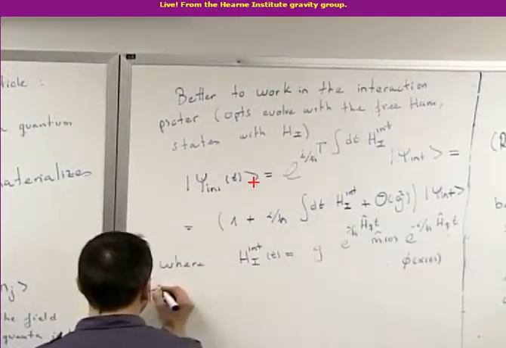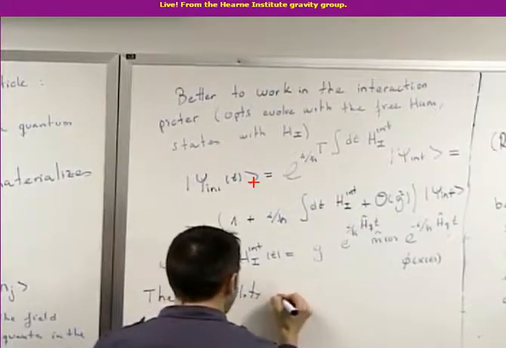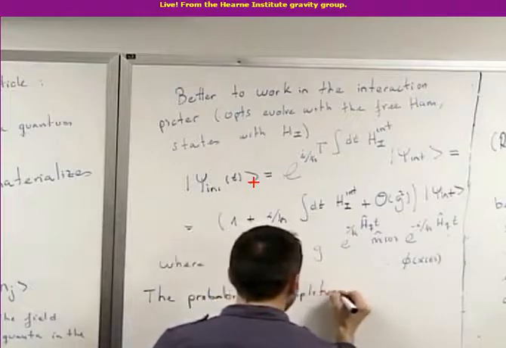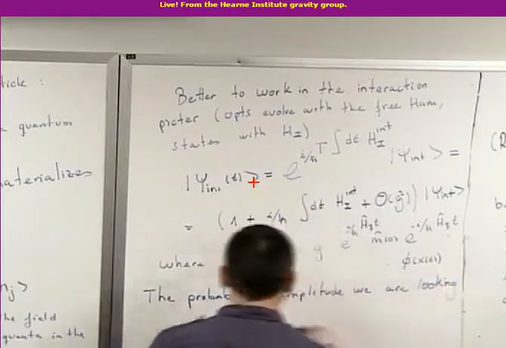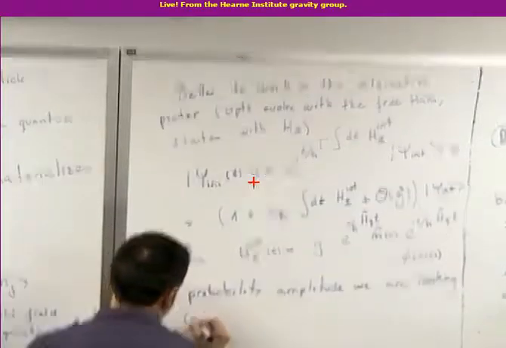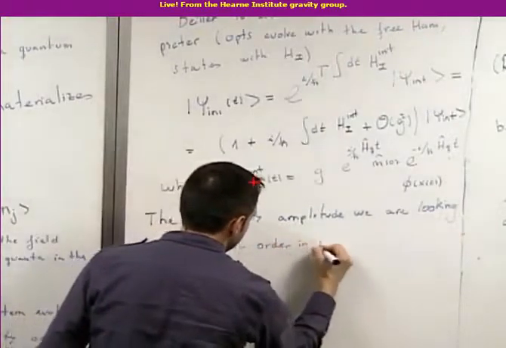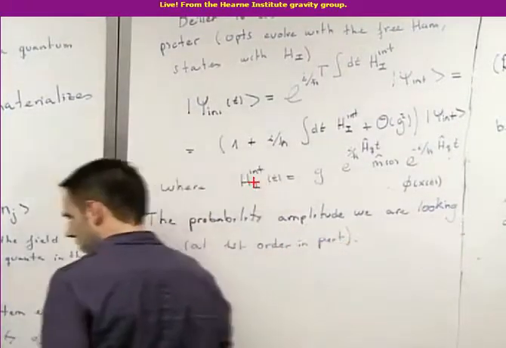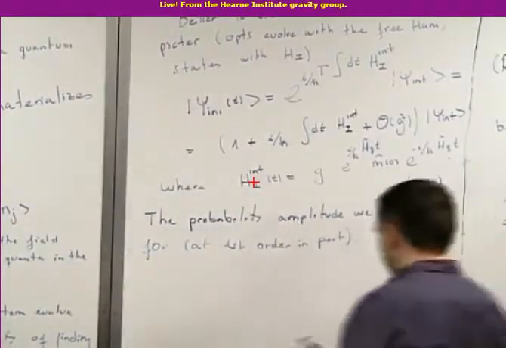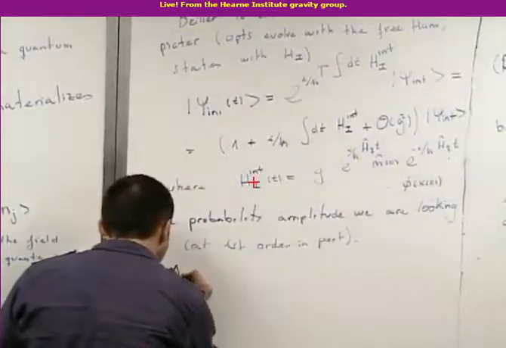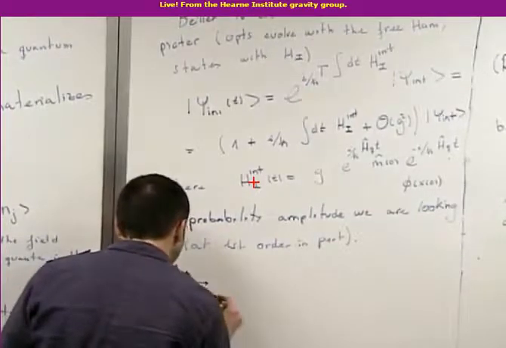So once we have this, the probability amplitude we are looking for, at first order in perturbations, is the amplitude of moving from the initial state, which is the fundamental state, to the excited state.